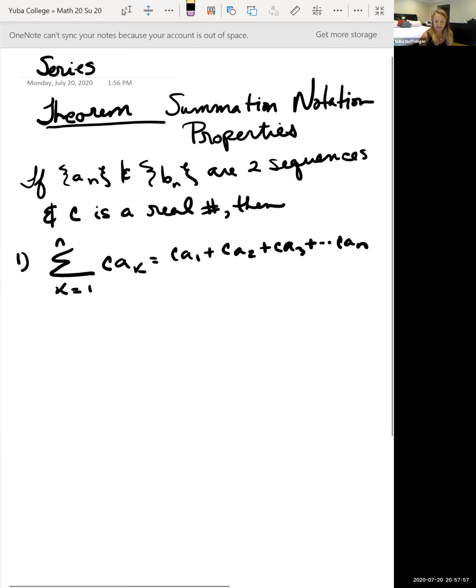This is so much easier if we just factor that constant outside of the summation. So this is actually the same thing as if we pull the C out front of the summation, and then the summation of k equals 1 to n of A sub k.